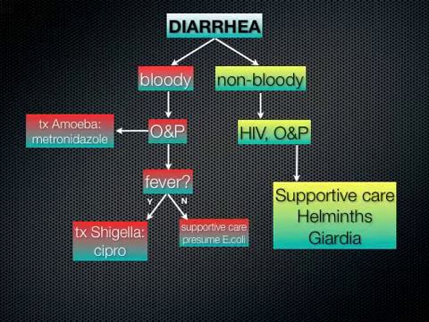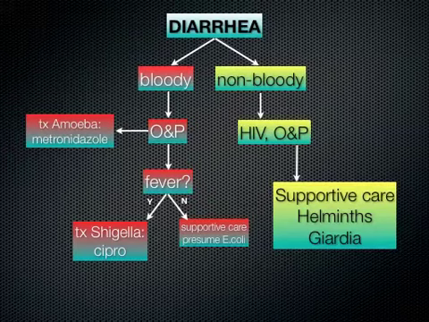All right, so this is the way I think about diarrhea. There's bloody and non-bloody diarrhea. So what are you going to do about bloody diarrhea? If you have time and resources, you're going to get an O&P. If you have an O&P and you see amoebas, which are usually pretty easy to see, you treat them with Flagyl, with metronidazole. If there's a fever, you're going to probably treat for Shigella, right?